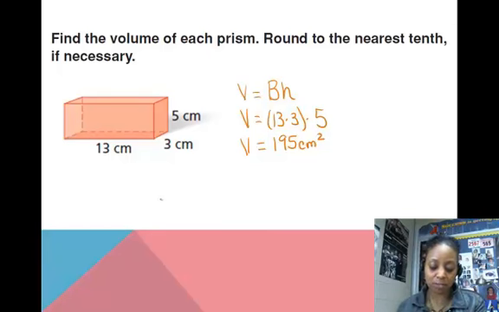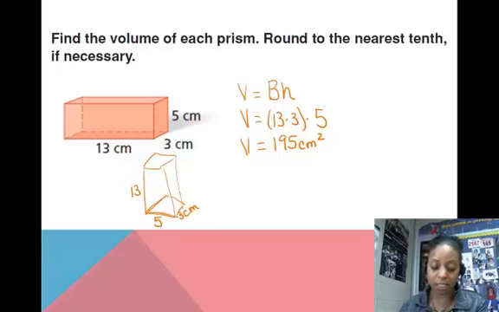If you were to take this prism and you were to stand it up, bad drawing, but you guys get the point. That made this 5, that made it 13 tall, and that made this 3 centimeters. So now it's standing on this base here.